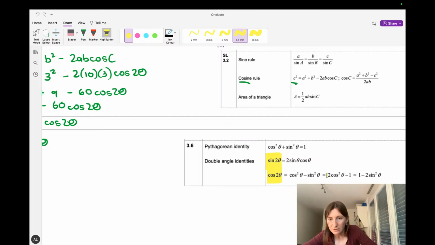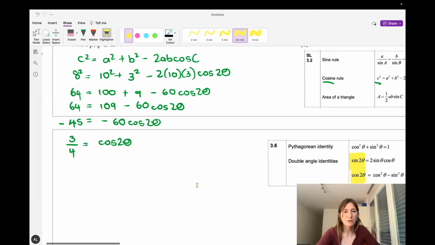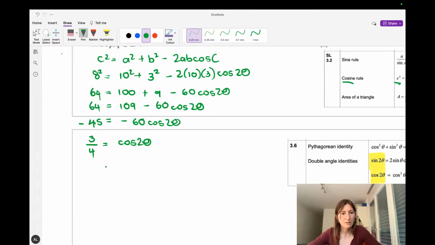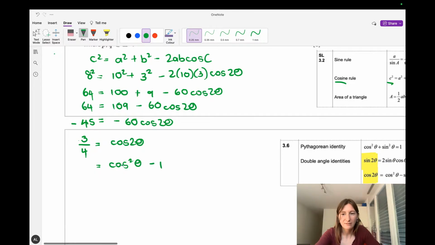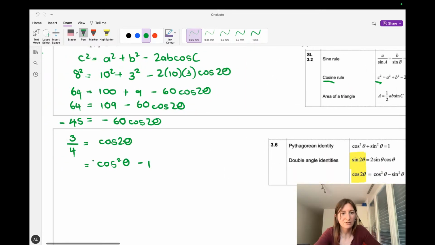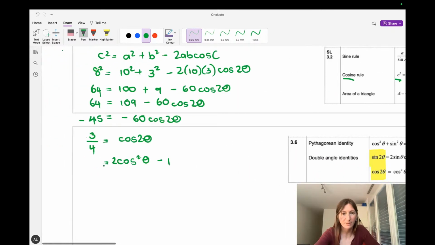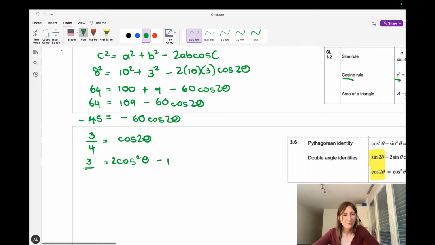Here also has sine, so it's going to be this one. 2 cos squared theta minus 1. Yes, it was 2, that's where I was saying 2 from. 2 cos squared theta minus 1. There we go. Equals 3 over 4.